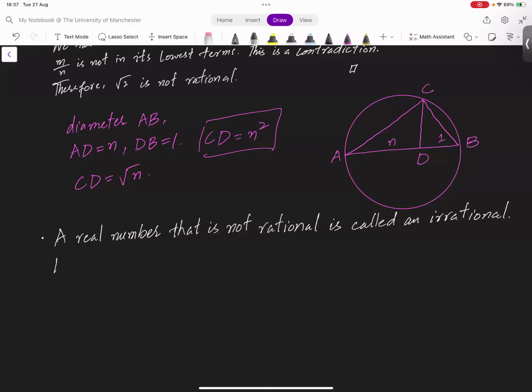Thus, under root 2 is irrational by proposition 2.3. And by our next proposition, we will be able to construct more irrational numbers.